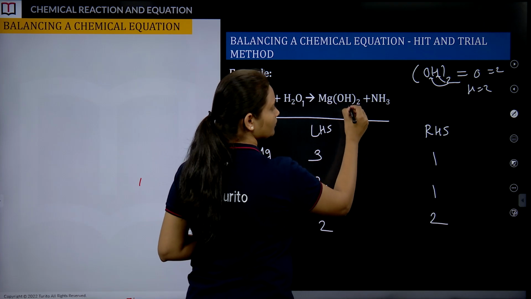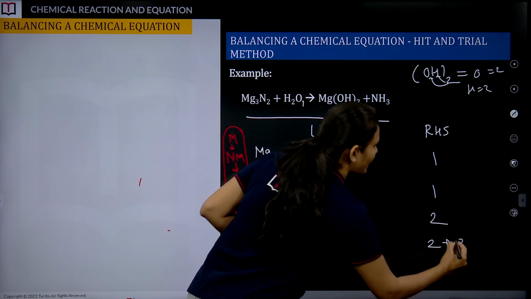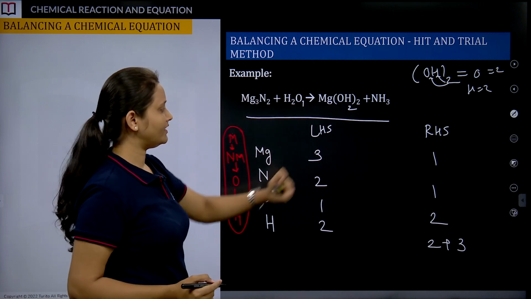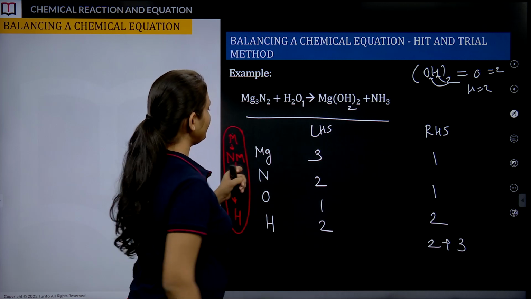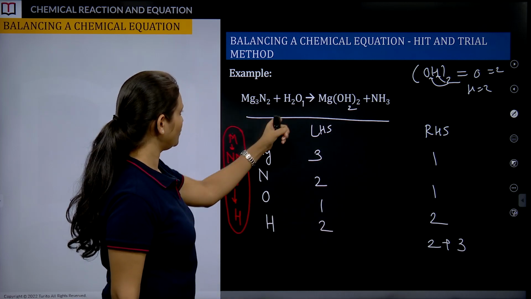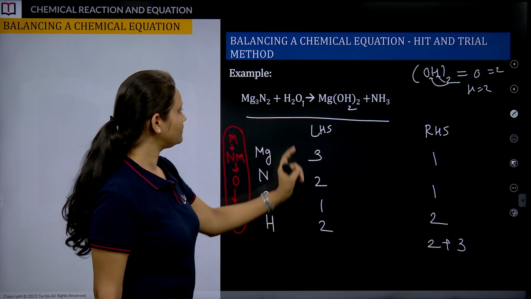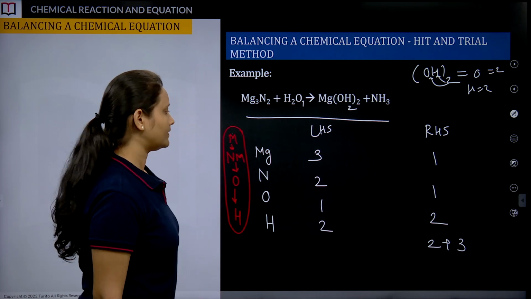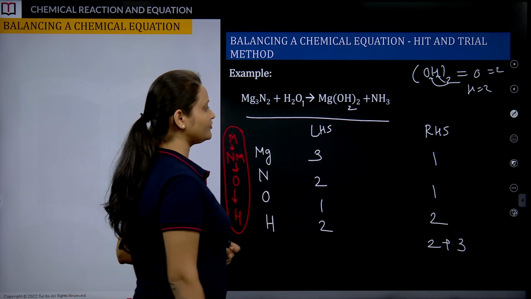Here 2 hydrogen and 3, that means how many? 5, right. 3 from NH3. Just cross-check it: magnesium 3, magnesium 1, nitrogen 2, nitrogen 1, oxygen 1, oxygen 2, hydrogen 2, and 2 plus 3, okay.